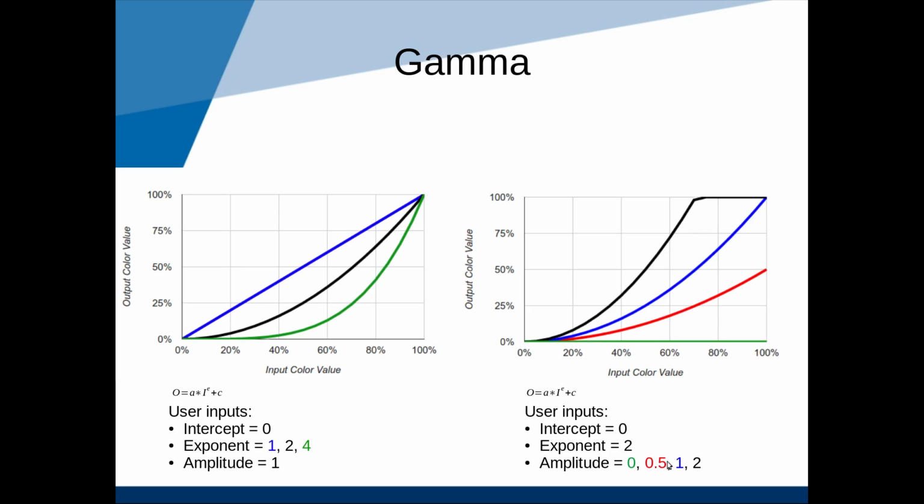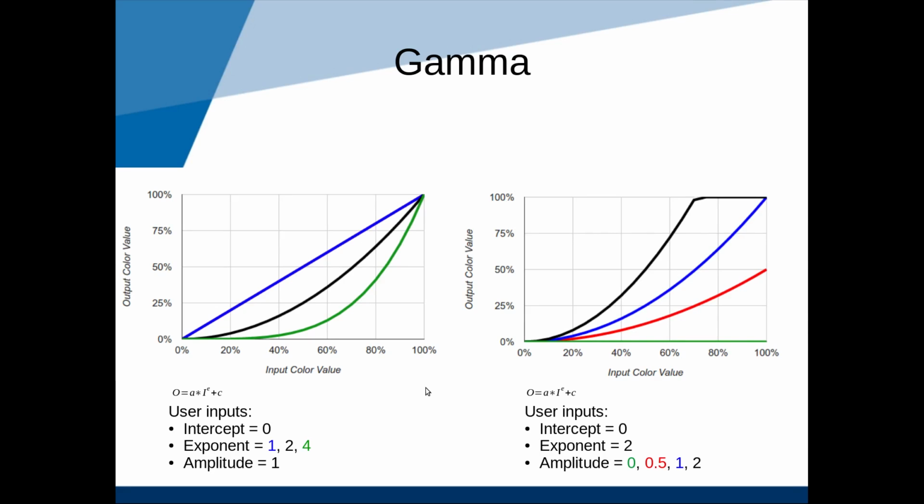If I have an amplitude of 0.5, it takes this graph and just halves it, and then that results in this red line. Here, if I have an amplitude of 1, it stays the same as this black one here. And if I have an amplitude of 2, it doubles it, but it cannot exceed 100%. So if it exceeds 100%, it just remains at 100%.